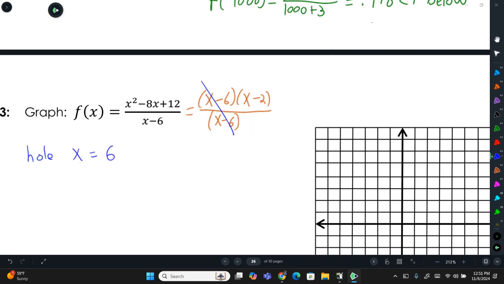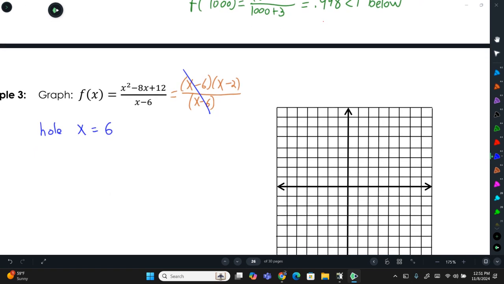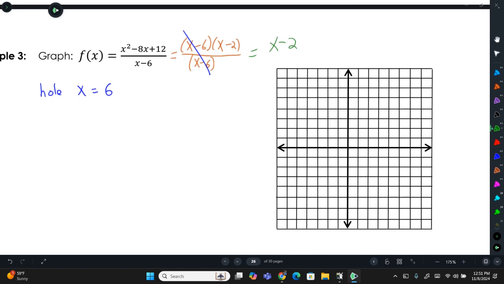Now, you might say, well, now there's nothing in the denominator. Do we have vertical asymptotes? Do we have horizontal asymptotes and all that? No, we don't. We can now treat this as the line x minus 2. We know how to graph x minus 2. We have a y-intercept at negative 2 and a slope of 1, up 1 and right 1, up 1 and right 1.